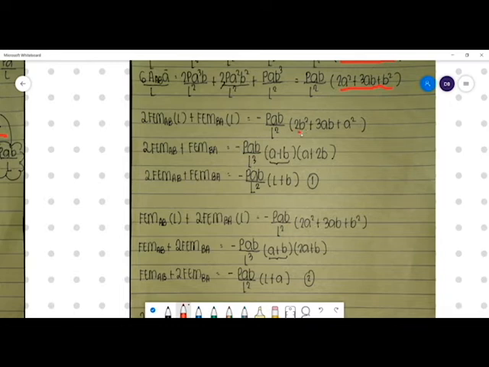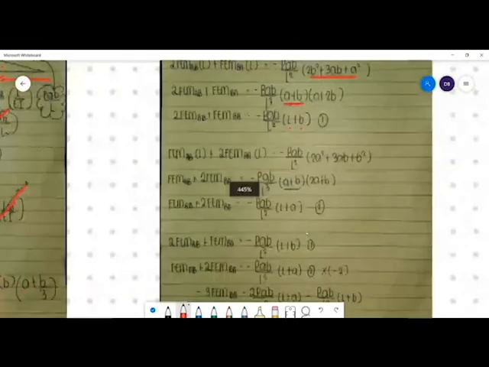So we factored this out: A plus B times A plus 2B. And we all know that A plus B is equal to the length. So therefore one L will cancel out. 2FEMAB plus FEMBA is equal to negative PAB over L squared times L plus B. That will be your equation 1.